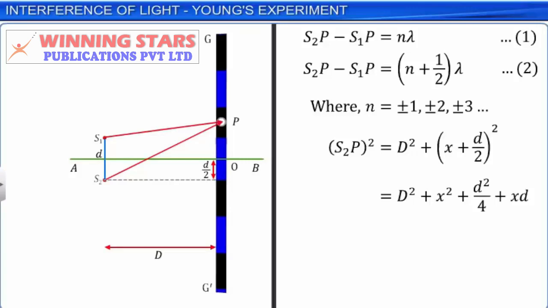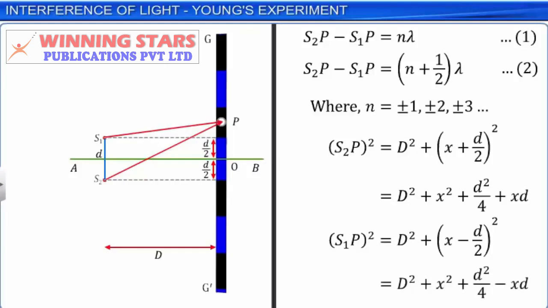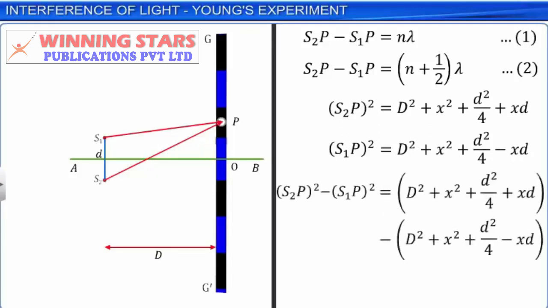Similarly, S1P squared is equal to D squared plus x minus d by 2 whole squared. This is equal to D squared plus x squared plus d squared by 4 minus xd. Therefore, S2P squared minus S1P squared is equal to 2xd.